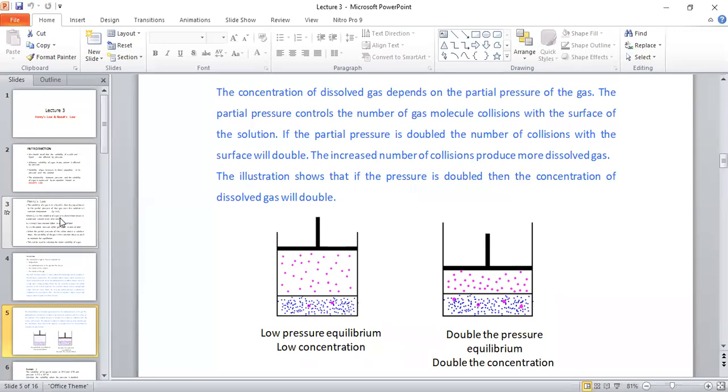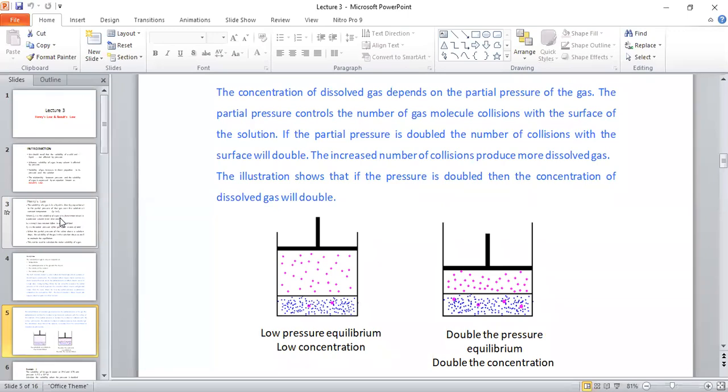In the second figure, you see where double pressure is applied. You can see how the gas molecules are compacted more and brought more into contact with the solution molecules.